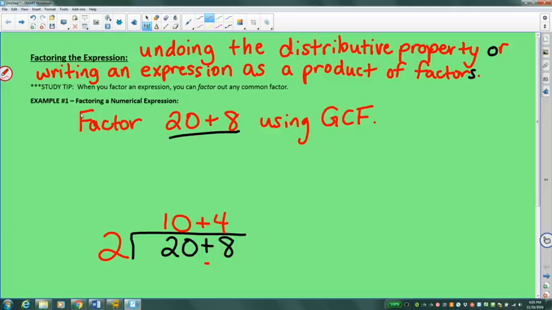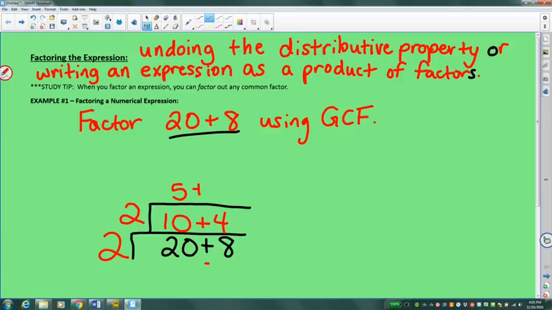Okay? Now I look at my 2 numbers on top of the line. Do I have any other factor that goes into both 10 and 4? And I notice that they are both even again, which means I can make another layer of cake. And I know that 2 goes into both 10 and 4. So now I'm going to do the same thing I did with the first layer and say 10 divided by 2, and I get 5.